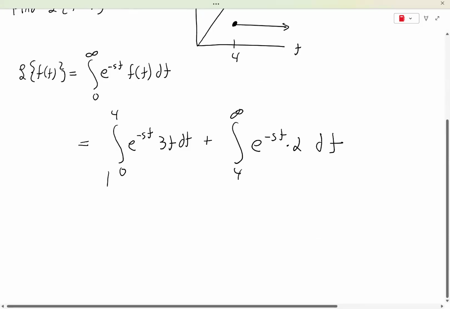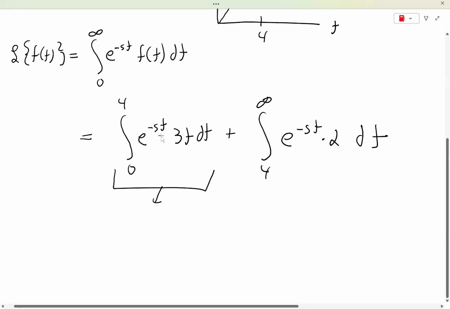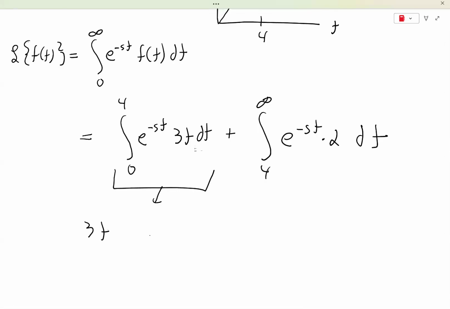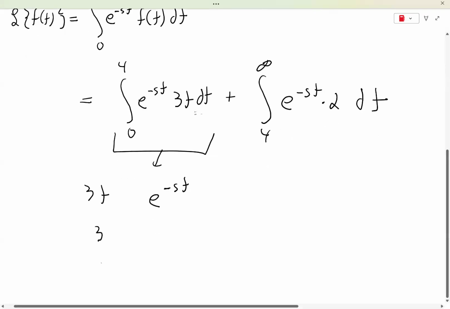For the first one, if I break that out a little bit, this is an integration by parts, because you have a t here and then an e to the negative st. So I take derivatives on the 3t: derivative is 3, and then 0.